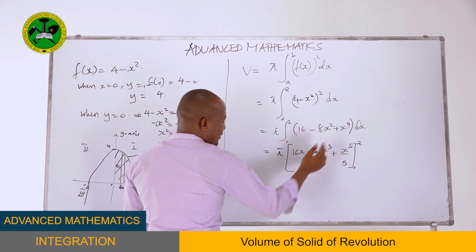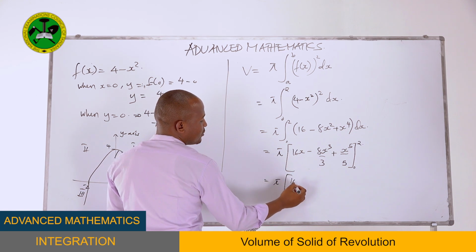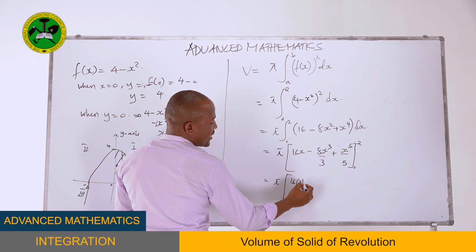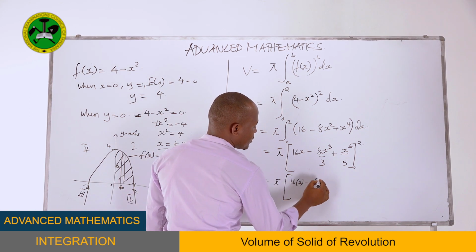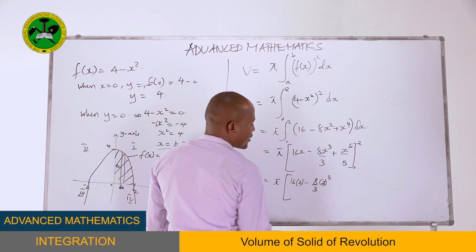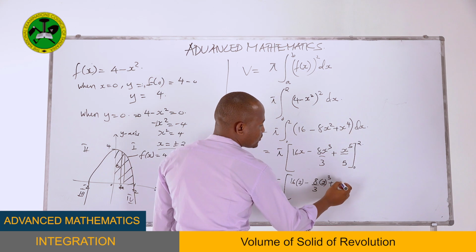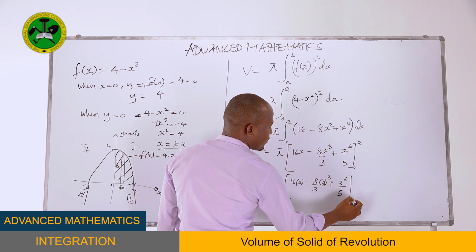Now placing the values of x, we have pi, there we have 16 times 2 minus 8 over 3, 2 raised to 3, plus 2 raised to 5 over 5.